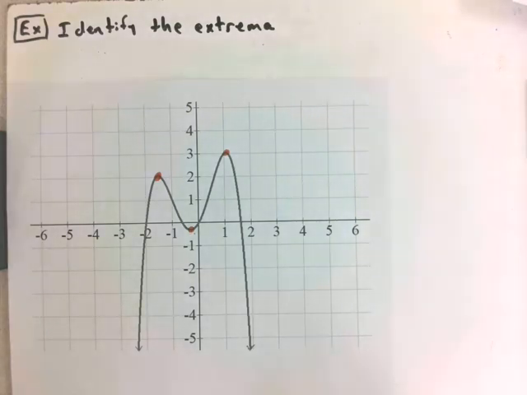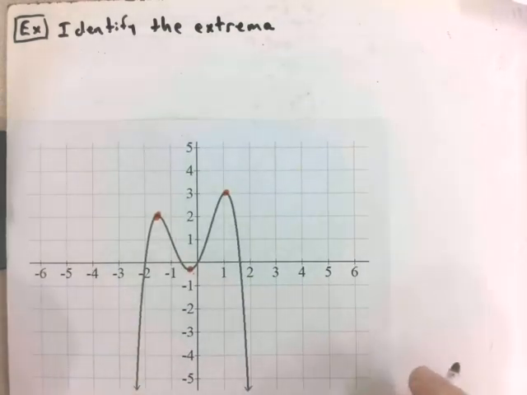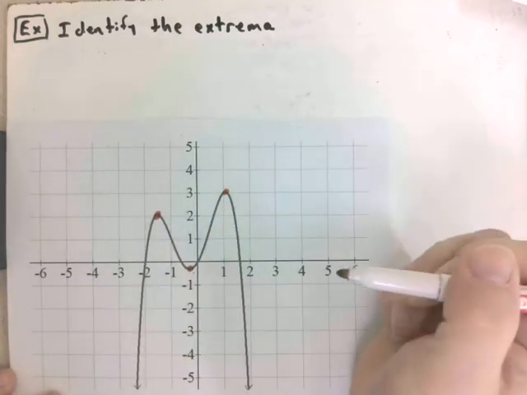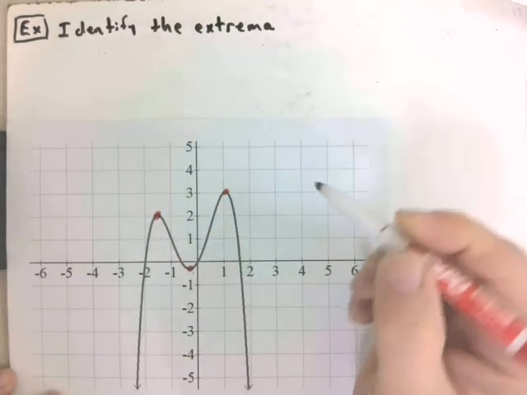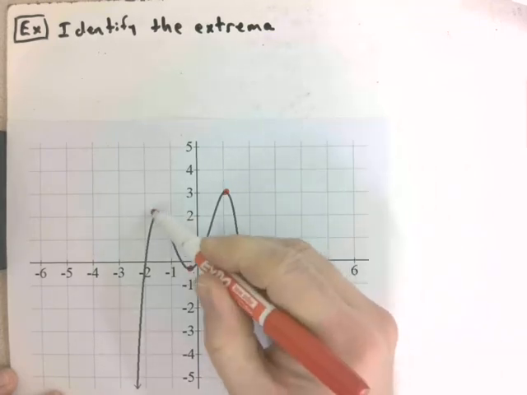So to identify the extrema, there's no work for you to go through and show. You just need to list out any absolute or relative maximums or minimums, and we would do that by listing out an approximation for their ordered pair. So for instance, this one right here we said was a relative maximum.